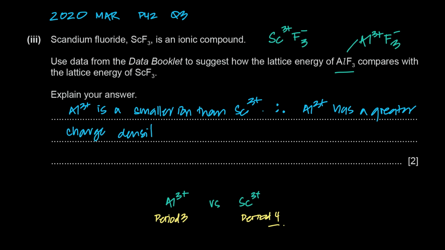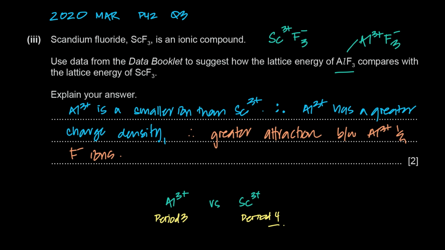And what will that charge density do? That charge density will therefore give a greater attraction between Al3 plus and F minus ions. Yeah, that's what the answer is.